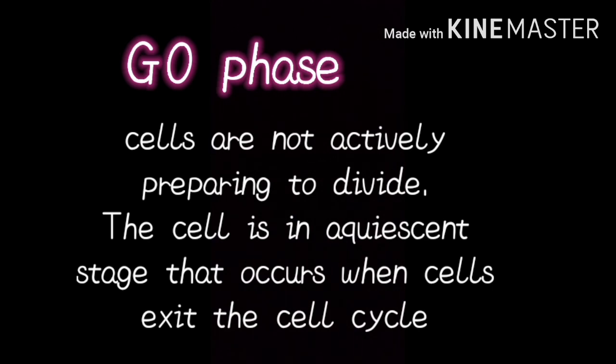The cell is in an quiescent stage that occurs when cells exit the cell cycle. Some cells enter G0 temporarily, until an external signal triggers the onset of G1. Other cells that never or rarely divide, such as mature cardiac muscle and nerve cells, remain in G0 permanently.